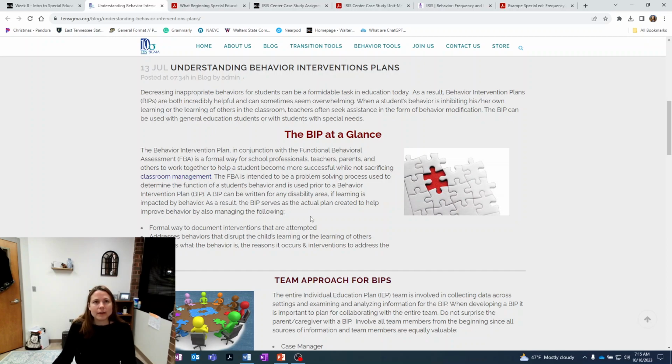The way that we look at this, if it's impacting learning and there's an issue and it's what we call chronic, that continues to happen and it becomes concerning, that's when you would do these sorts of things. Not for something that just happens out of the blue once or twice. This is something that's ongoing that you're looking at.